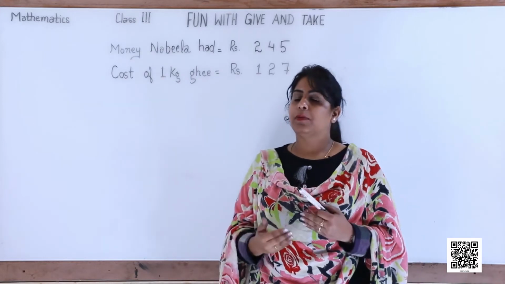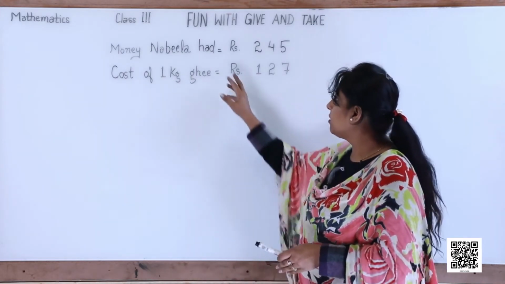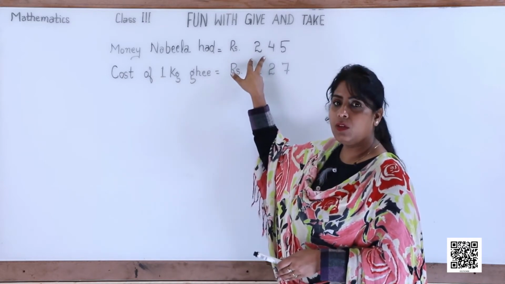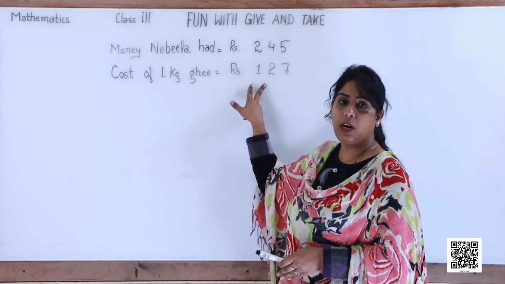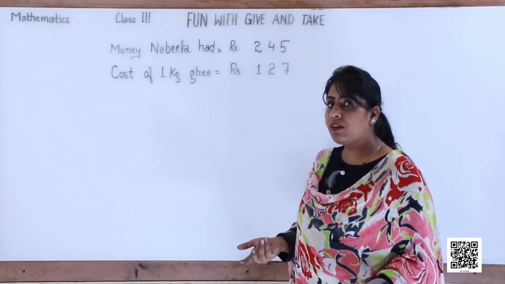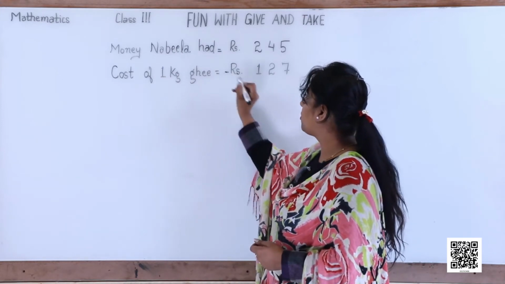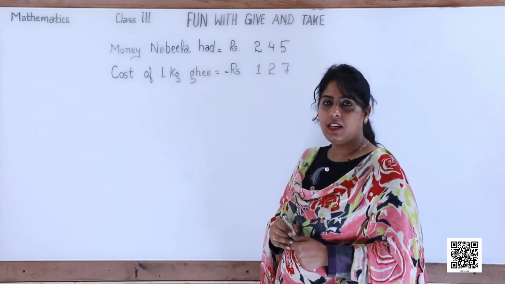So, how much money was already given to the shopkeeper? From the total amount, we will subtract the amount which she has already spent. So, let's do that. For that, what are we going to do? Yes, from the total, we are going to subtract. Right? Let's do it.